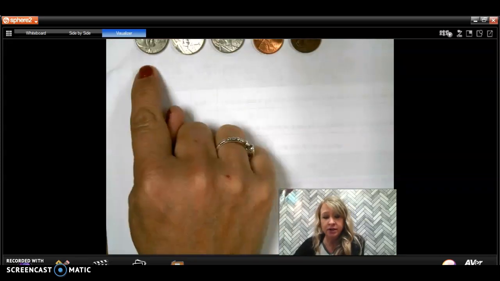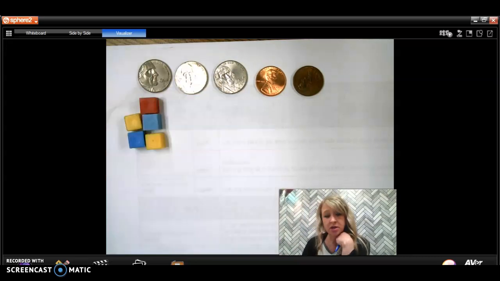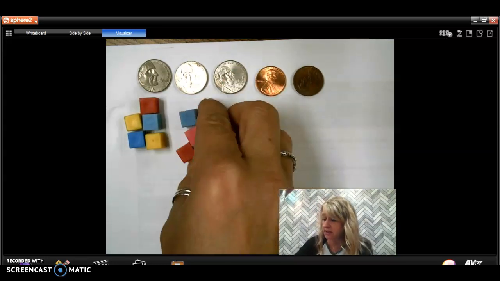So now we have our nickels, and our nickels are worth how much? 5 cents. So we are going to use 5 units to show 5 cents. Now let's use 5 units to show the second nickel.